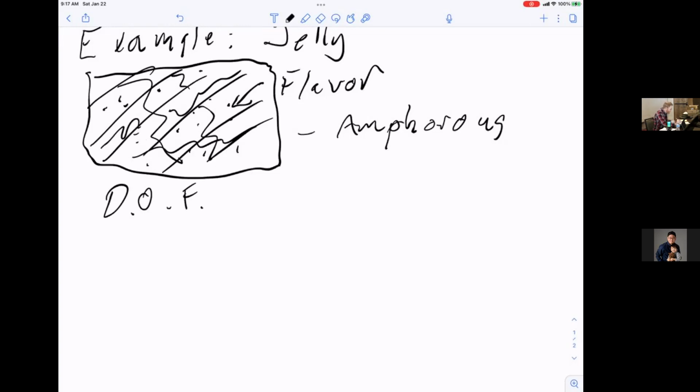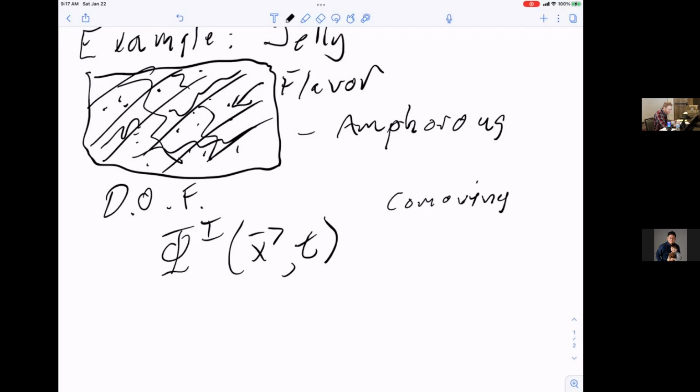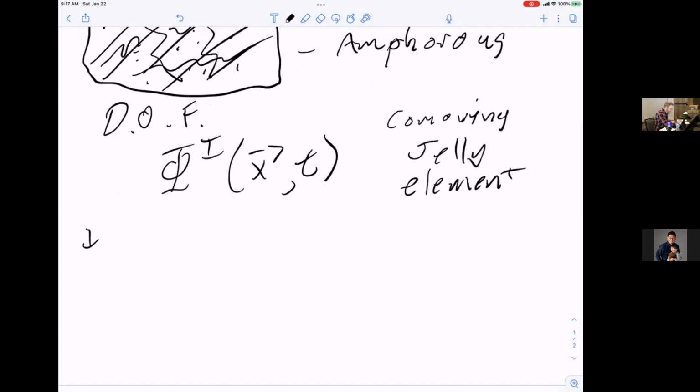So our degrees of freedom will simply be a set of scalar fields that depend on space and time. And you should think of these scalar fields as like the co-moving jelly element. So what do I mean by that? Well, what I mean is that I is going to equal just our spatial dimension.